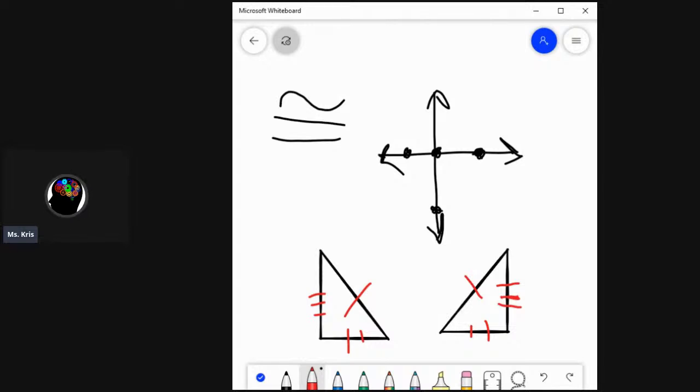And typically that comes in handy when you're trying to solve, because we still have algebra in geometry.